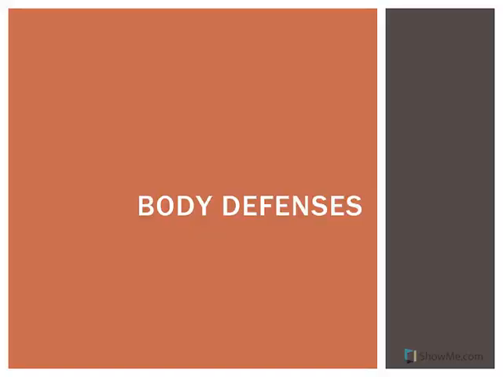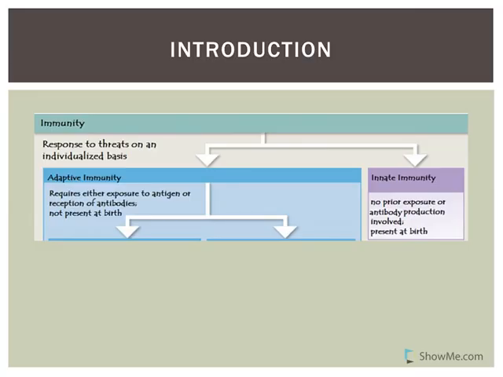Now, just kind of an overview of our body defenses, using the terminology that I had mentioned before, is adaptive versus innate immunity. Think of the immune system like the military. Think of adaptive and innate immunity as two divisions that fight the same battle, but innate immunity doesn't differentiate between pathogens, while adaptive immunity is more specific.